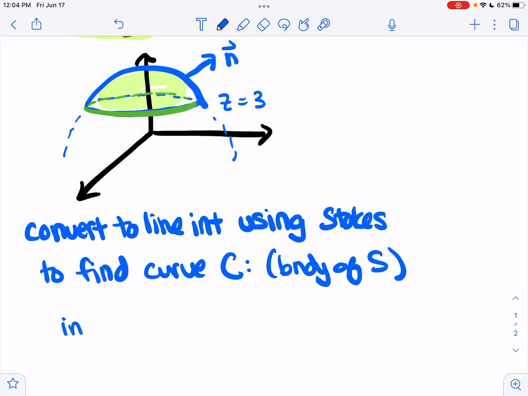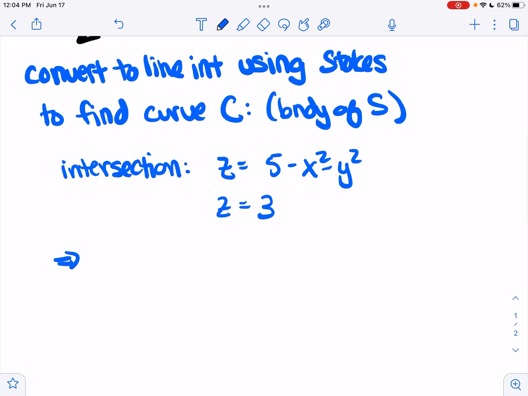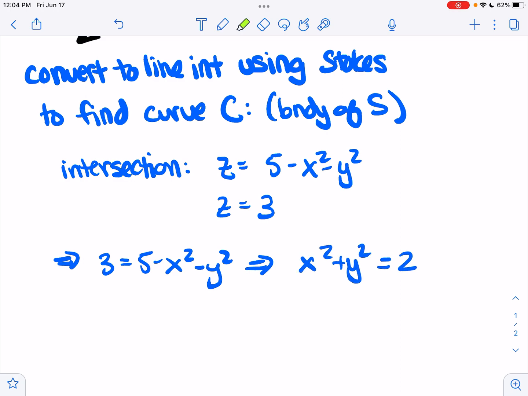We find the intersection of the two surfaces in question. Z equals 5 minus x squared minus y squared, and z equals 3. To find the intersection of those, we just set those equal to each other. So we have 3 equals 5 minus x squared minus y squared. In other words, x squared plus y squared equals 2. So it's a circle of radius root 2 for C.